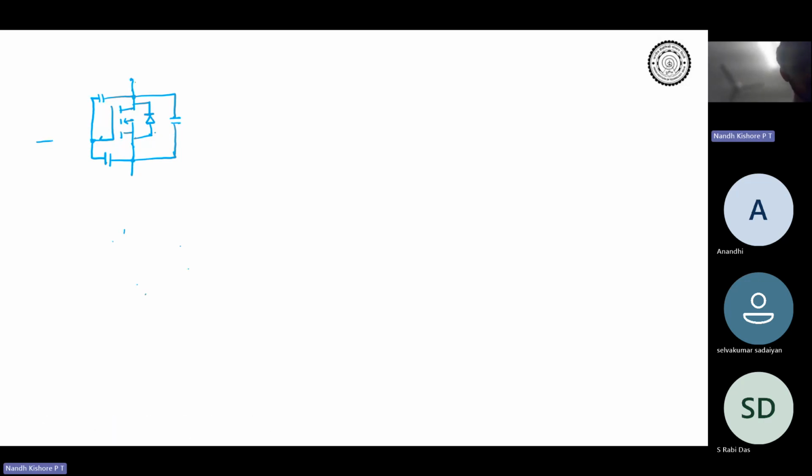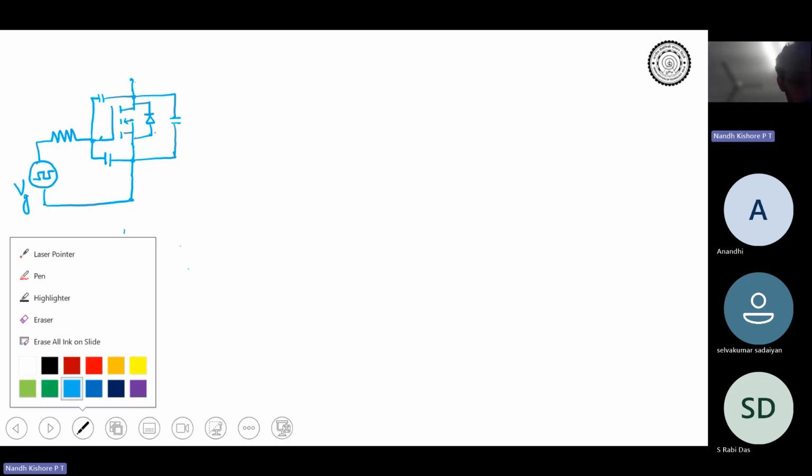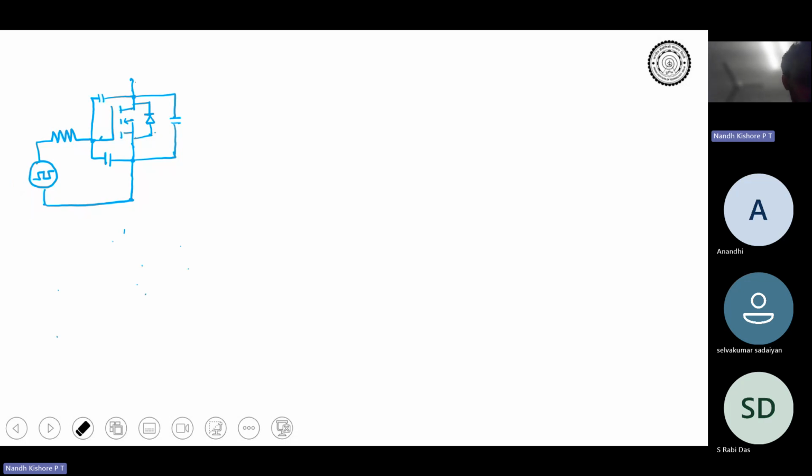They have given an RG, right? And then it can be connected to the pulse. This is connected to the source, right? So this is your, okay, so let me take a different ink over here. This is your VG, right? This is your RG. This is your CGS, CDS, and then CGD.